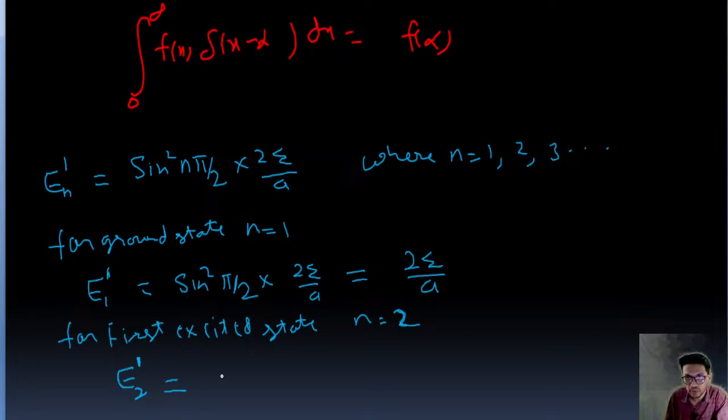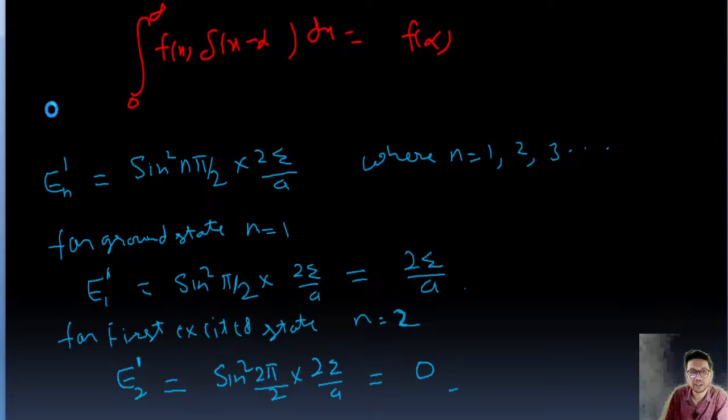So this is going to be sin², where nπ/2 means 2π/2, which is sin π, into 2ε/a. The 2 will get cancelled, and sin π value is 0. So this value is going to be 0. So this is the first order correction in the ground state, and the first order correction to the first excited state.